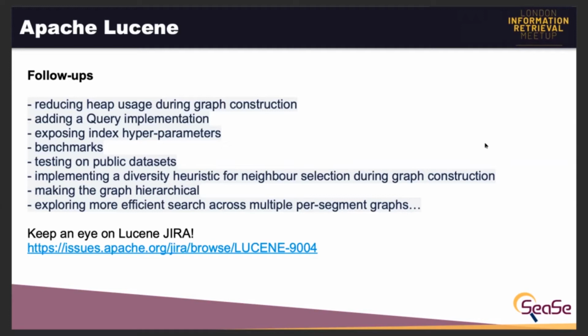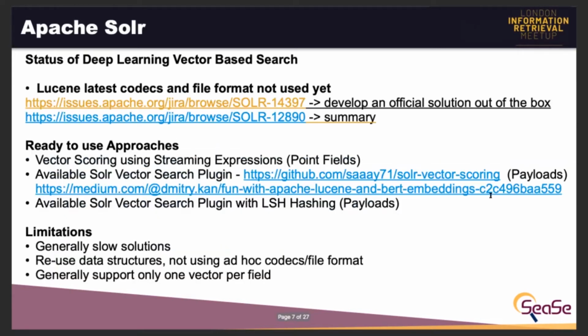There is some kind of internal search potentially available, but not really, just to provide the approximate neighbors and interrogate the graph, but not effectively a full query interface. So that's missing at the moment. And additional work is needed, especially benchmarks for performance tests, and also benchmarks from a search quality perspective on public data sets. So keep an eye on Lucene, and specifically on this Jira, and you will get updates.